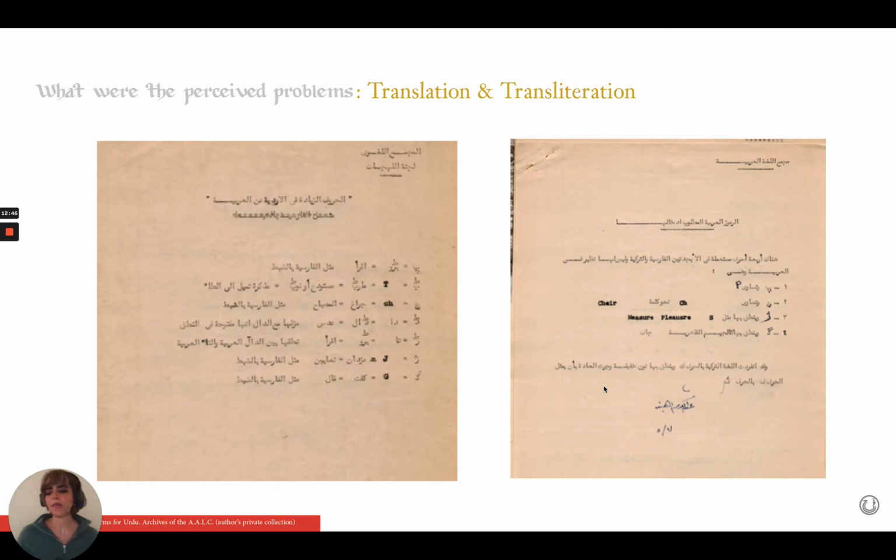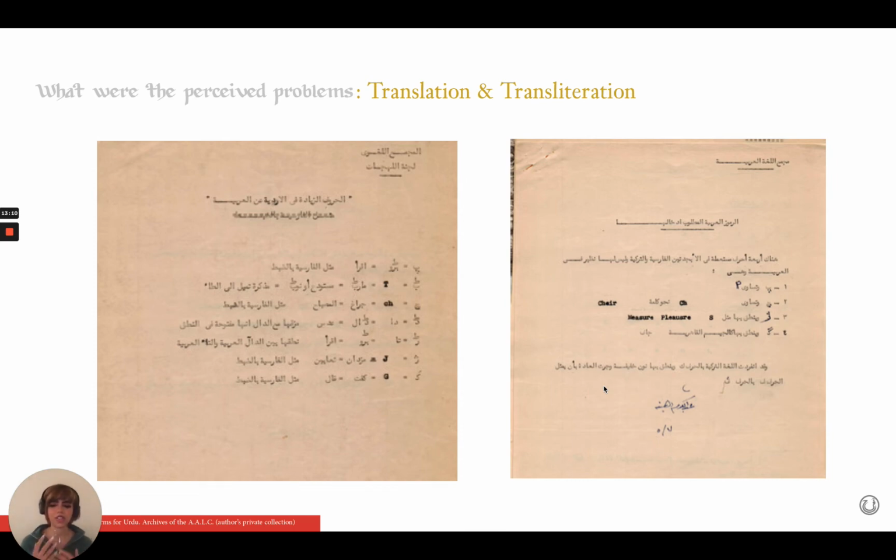Right, so going back to the question, what were the perceived problems? The first problem that opened up everything else, whether studying the orthography or the mechanism of the Arabic, started from translation and transliteration in 1936.